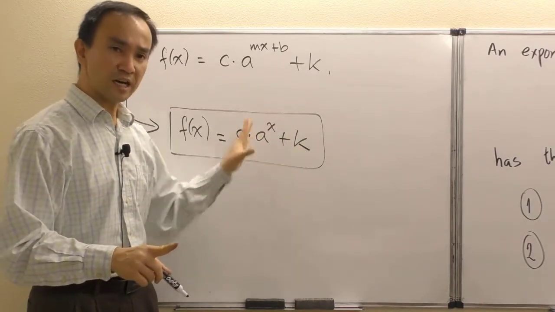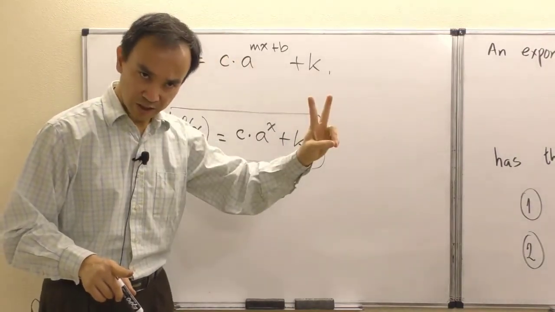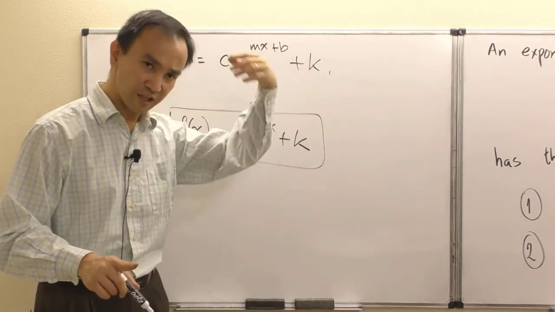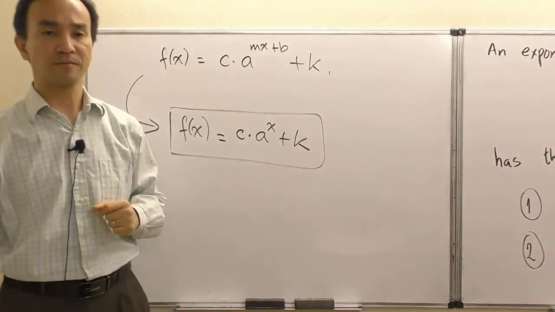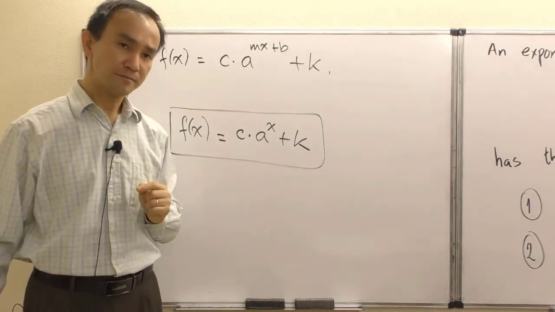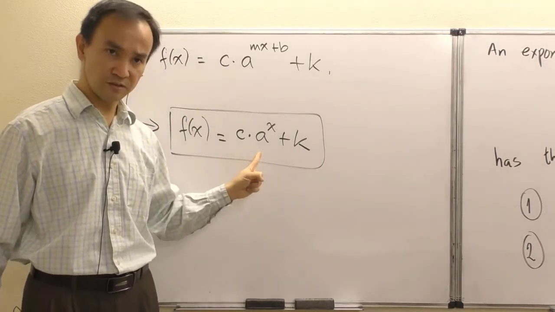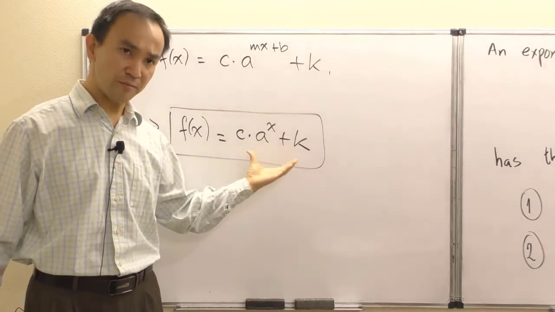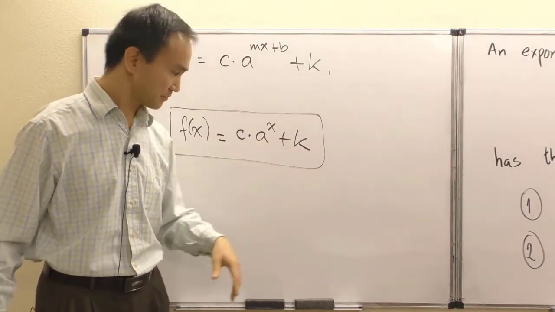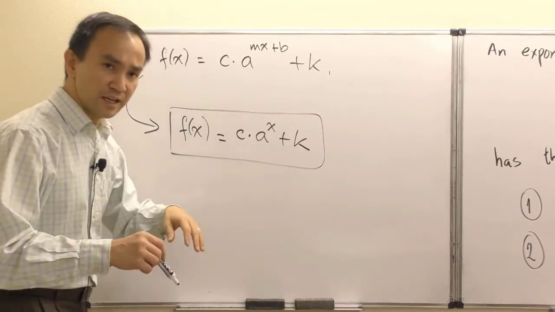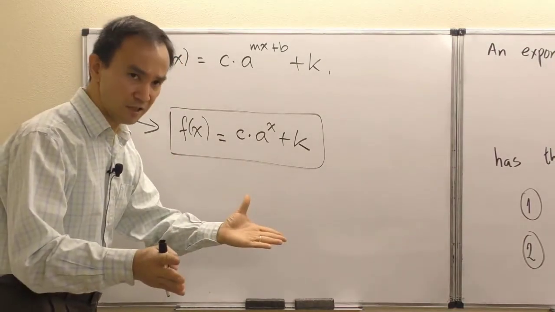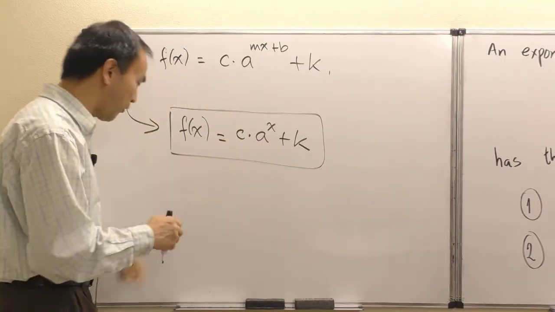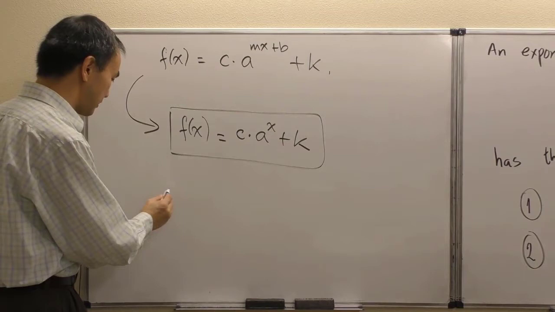So we recognize the two major characteristics, the horizontal asymptote and the y-intercept, the vertical intercept, came right out of this general form. Now we're going to apply our understanding and think about the consequence.